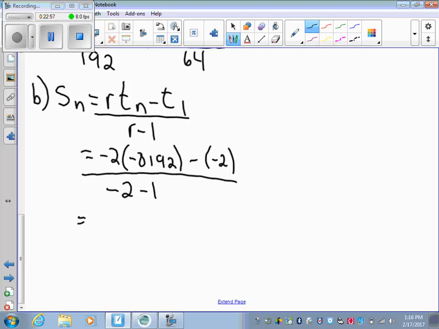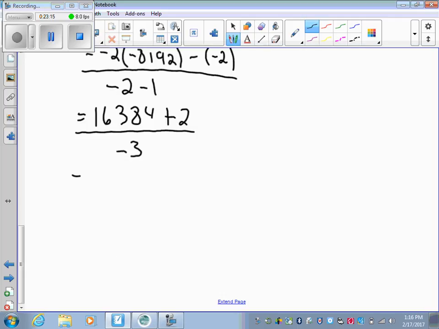So when we simplify the numerator, we get 16,384. Remember, when you have two negatives like that, plus 2, all divided by negative 3. So 16,386 divided by negative 3 is negative 5,462.